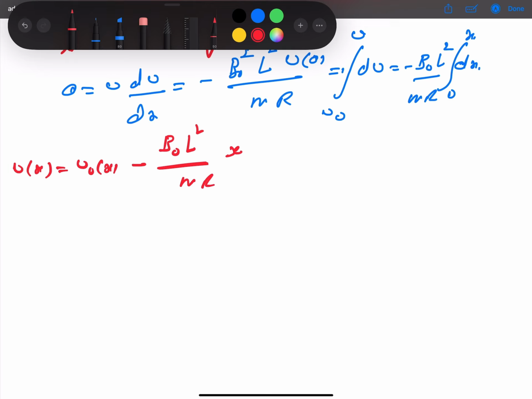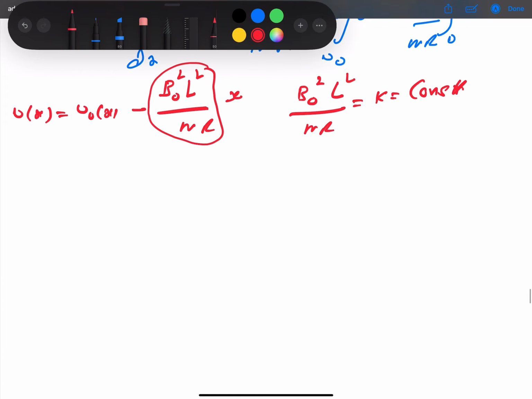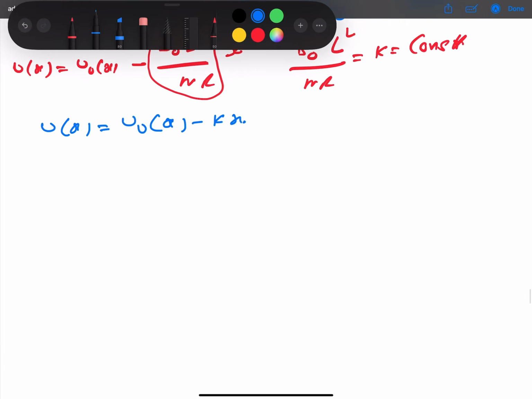And for the sake of convenience, let us assume that this particular constant, B naught square L square divided by mR, is k. So we can write that our v of x will be equal to v naught minus k times x. And similarly, we can write for the current also.